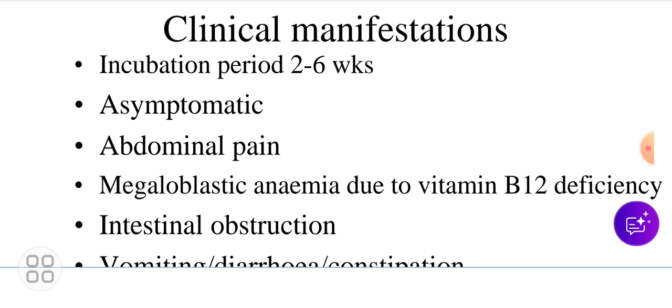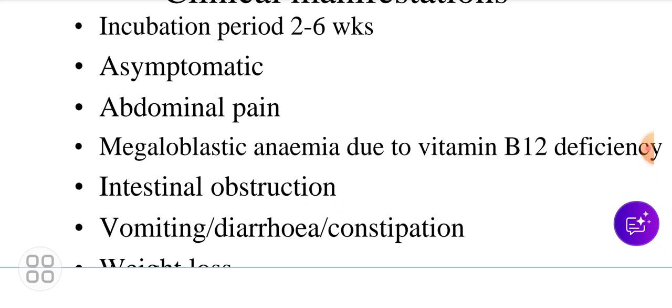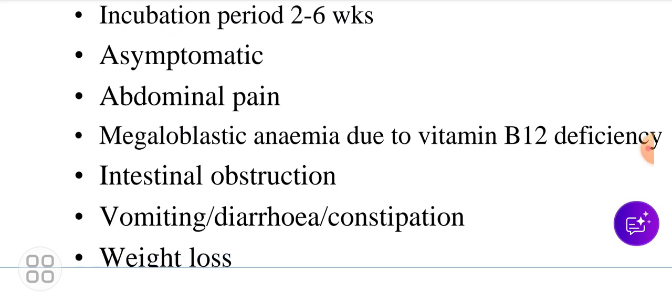Also, the worm is tall. It can convolute, wound, and obstruct the small intestine. As we know, anatomically, the small intestine has a small lumen. There will be intestinal obstruction, which may be a surgical emergency.